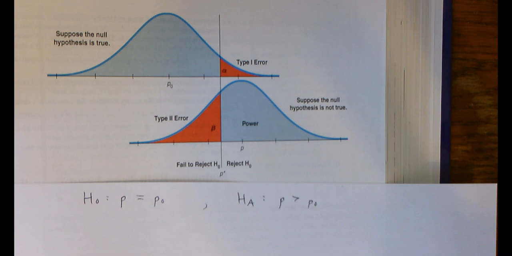So if you look at the top curve, we're supposing the null hypothesis is true, and we've set this arbitrary threshold alpha for our p-value. Alpha is the area of the tail, that region in red. If our p-value is less than alpha, we'll reject the null hypothesis.